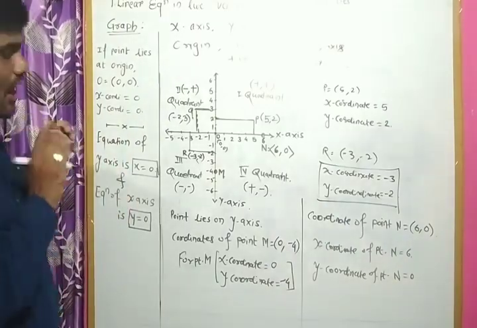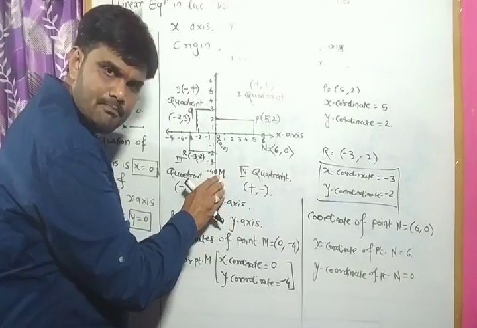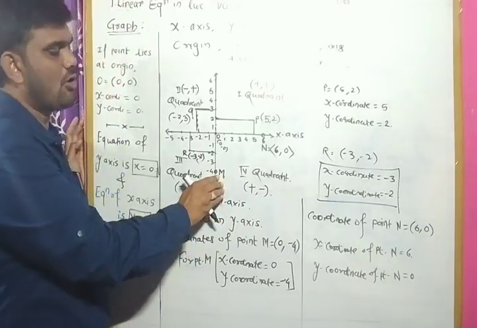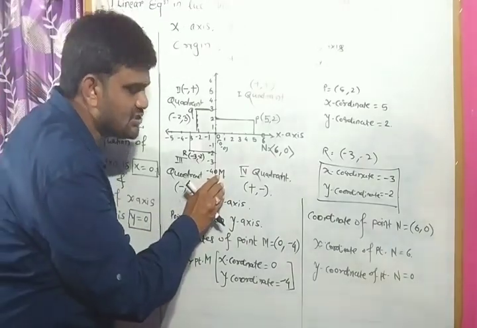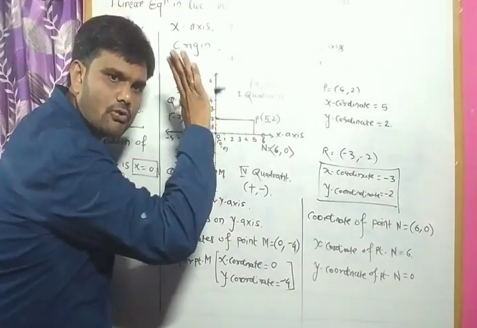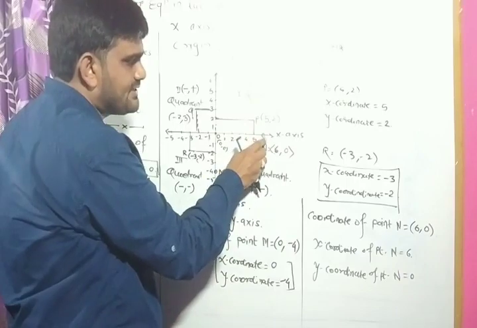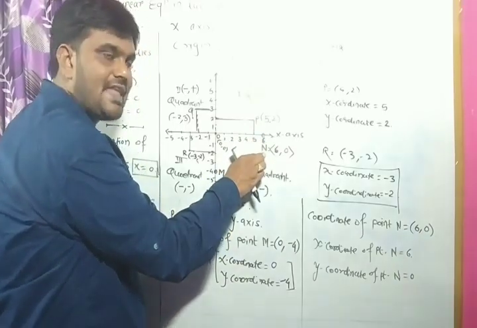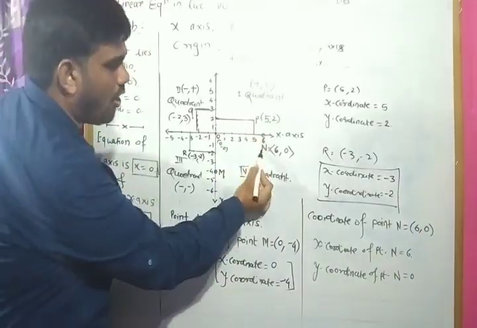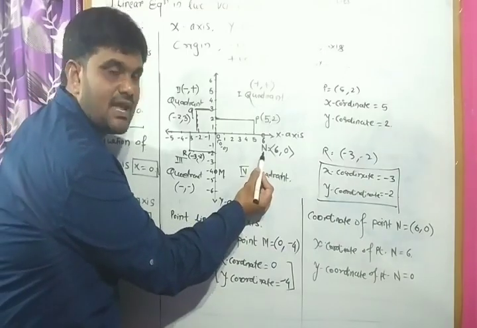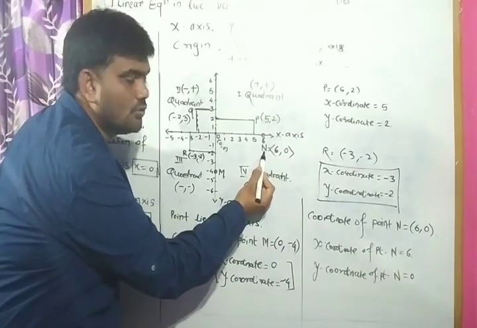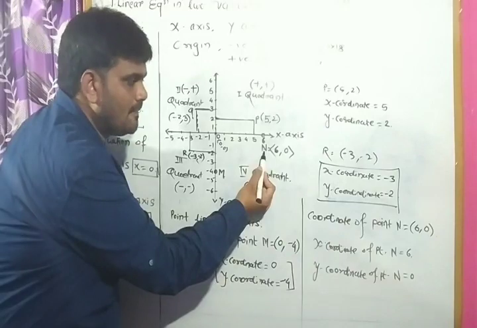Now if you have been given the point M, this is the equation of the line through it parallel to the x-axis, that is, y is equal to -4. If you have been given here point N, that is the equation of the line parallel to the y-axis, and that is x equal to 6.